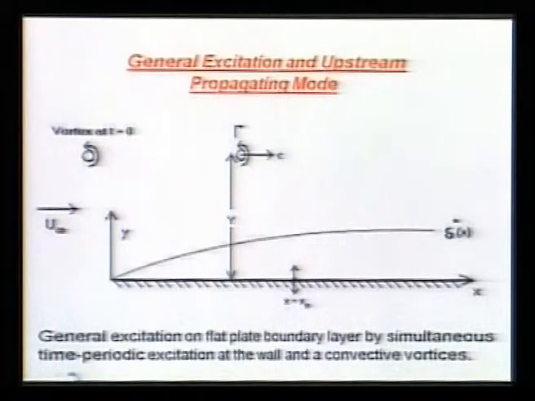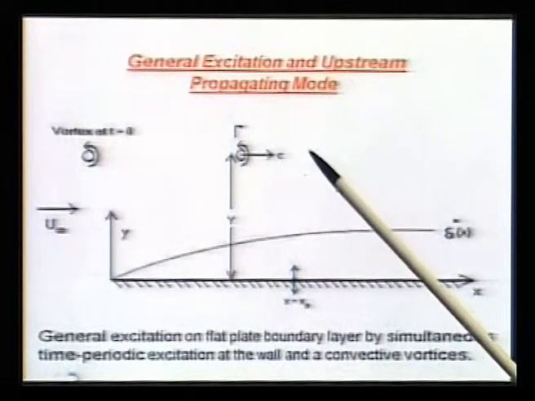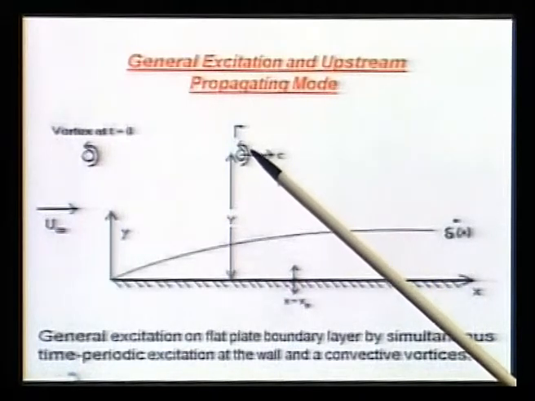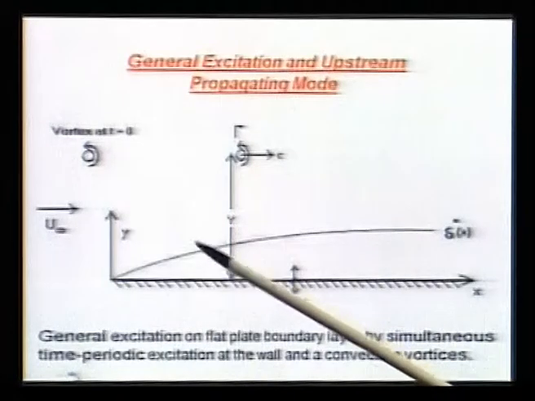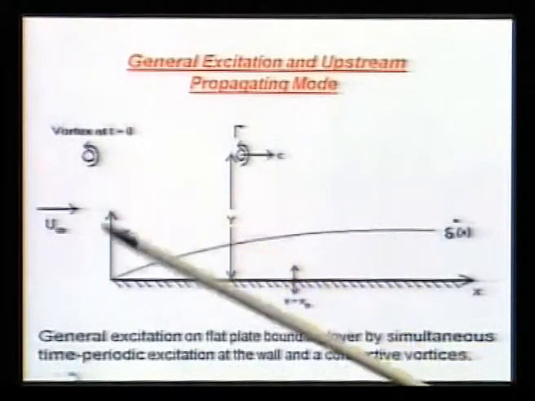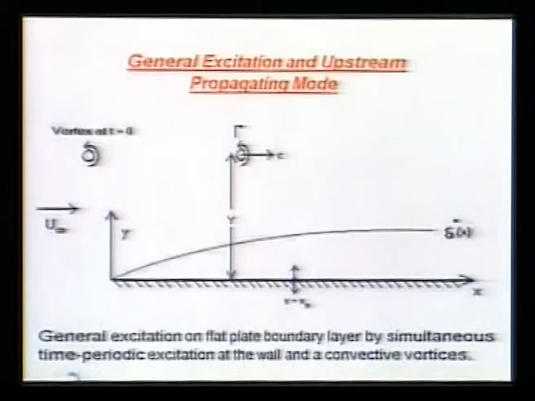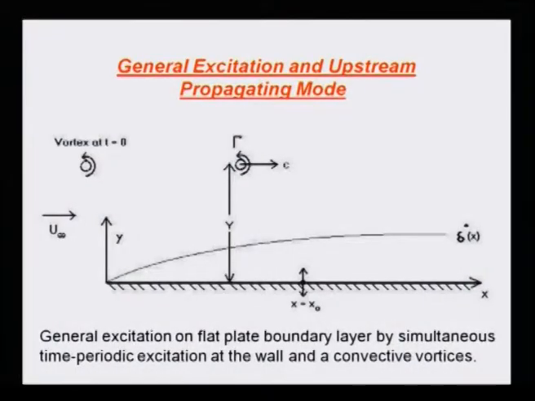So let us consider a single vortex which is convecting at a constant speed c at a height capital Y, and at t equal to 0, this vortex was a little upstream of the leading edge. And then once this vortex starts going, what happens?